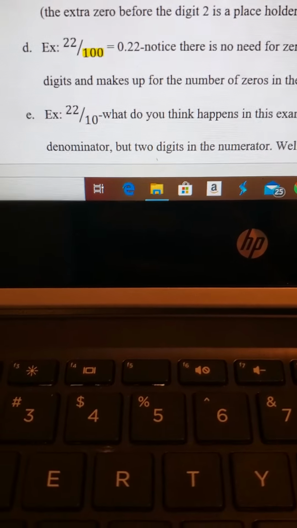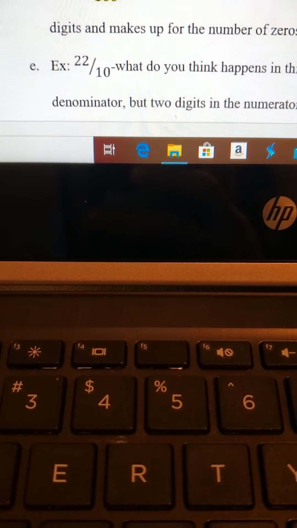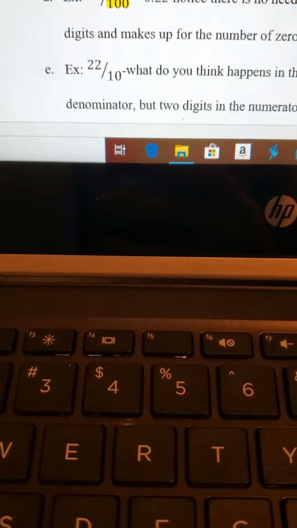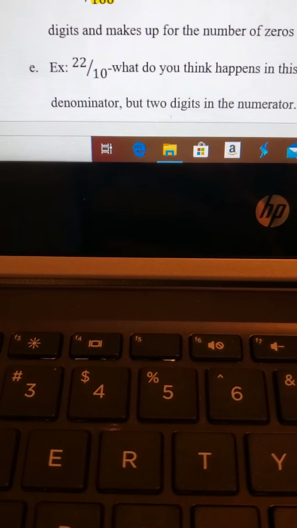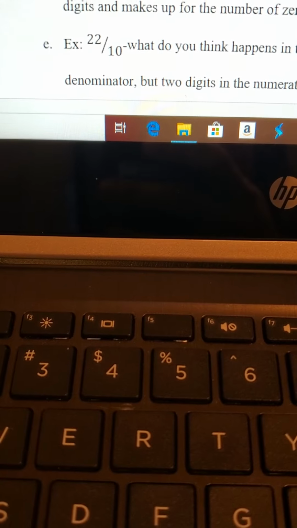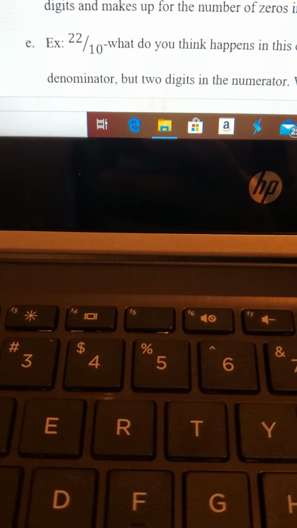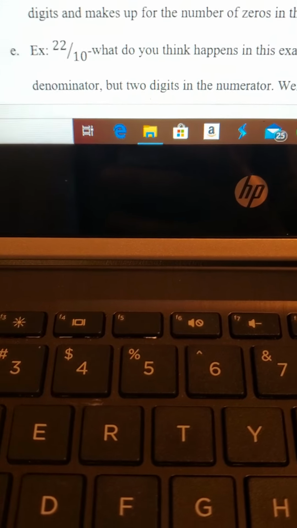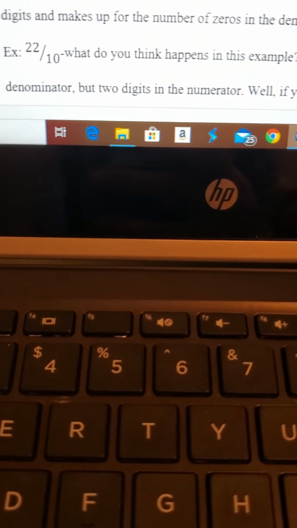Now, what do you think happens if we have a numerator that's greater than our denominator? Then we clearly have an improper fraction. And we know that improper fractions can be converted into mixed numbers, which means we have a whole number and a proper fraction.